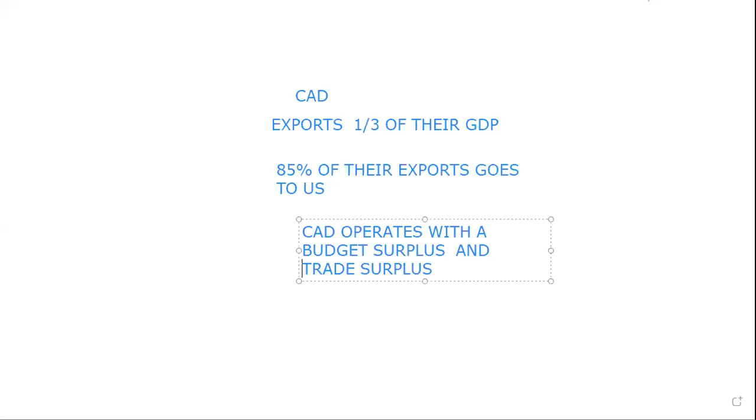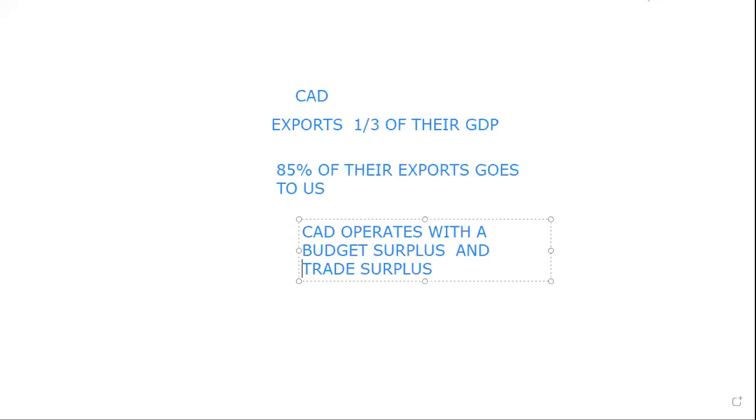They major on exportation. And what they export, 85% of it goes to the United States. As a result, their major mode of operation is that they operate with a budget surplus and trade surplus, which means they earn more than they spend, and they export more than they import.